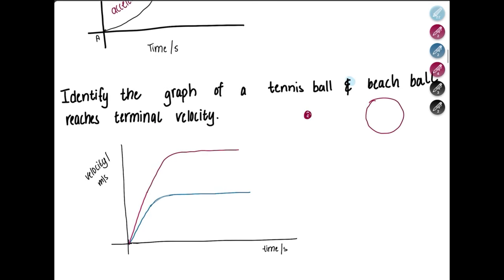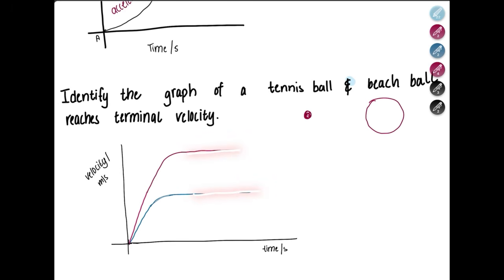Now we have a graph that shows time and velocity, and we can see that this is a graph of a tennis ball and a beach ball that have reached terminal velocity. Can you identify which one? Now, terminal velocity is the velocity of a falling object where the acceleration is 0, the resultant force is 0, and it's moving at a constant velocity.